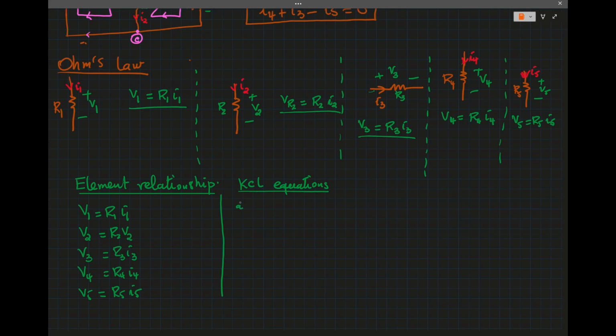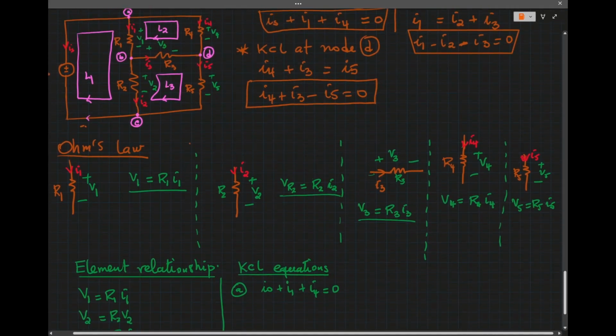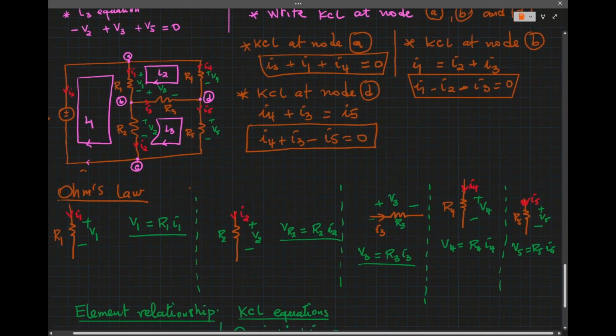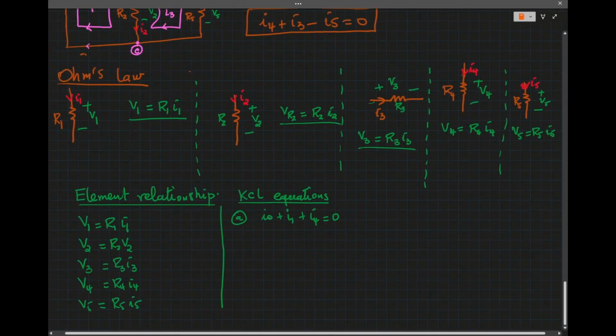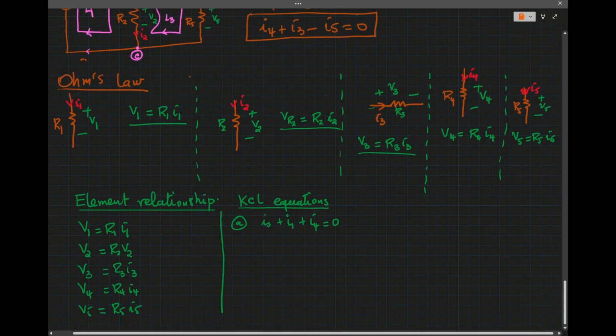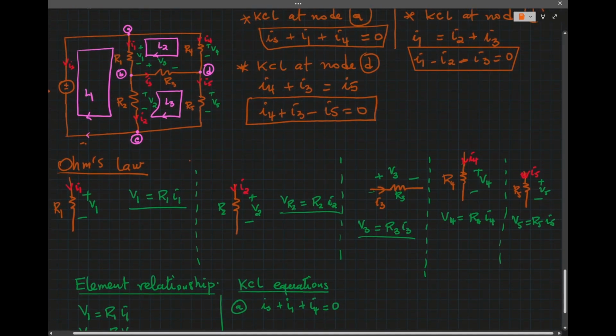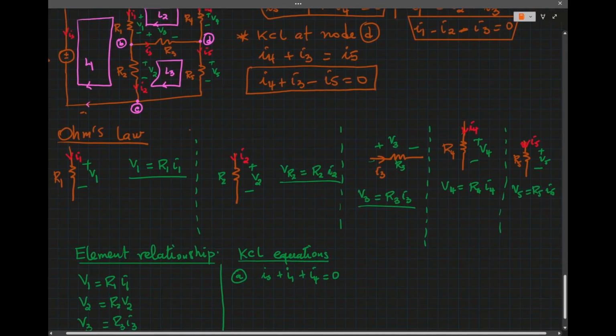We have at node A, IS plus I1 plus I4 equal to 0.